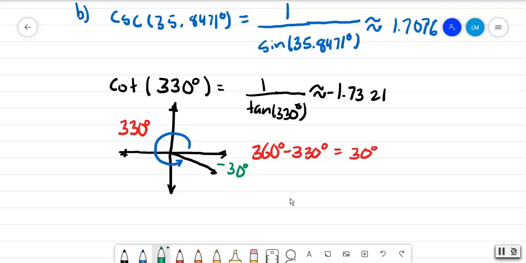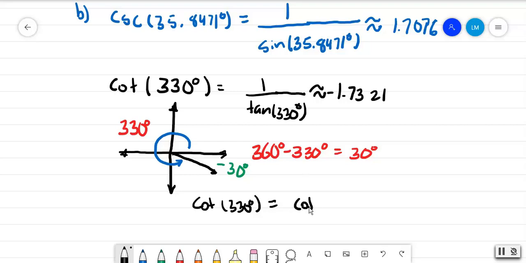So what you would do next is say, okay, well, that means that cotangent of 330 degrees is coterminal to, well, let's see. Okay, so its coterminal angle is basically 330 because it's between 0 and 360. But I meant to say the reference angle is 30 degrees.